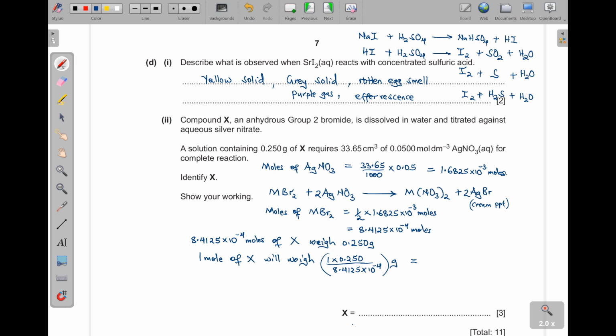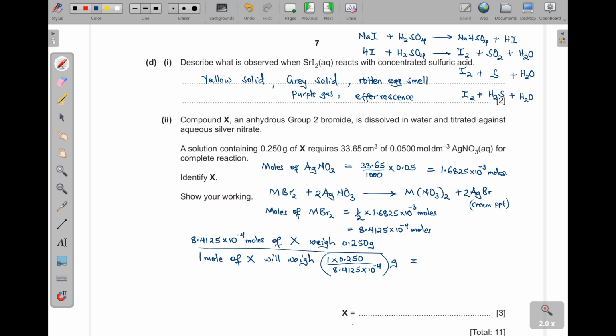Or you also know that number of moles is equal to mass over MR. So if I need MR, cross multiply and you get MR equal to mass over number of moles. And I like using first principles.